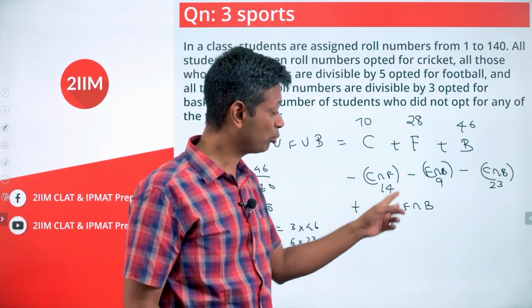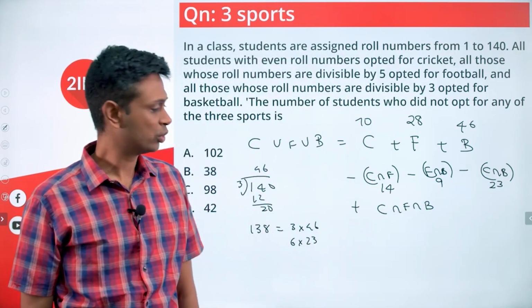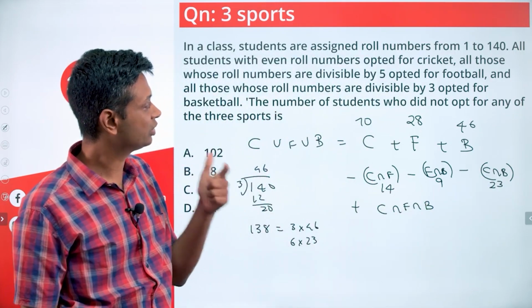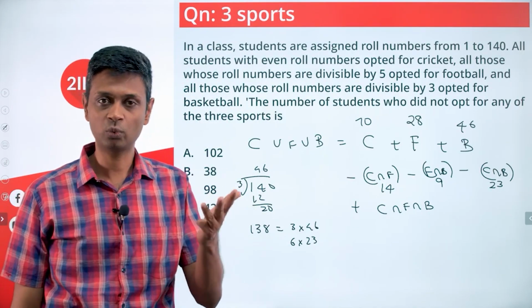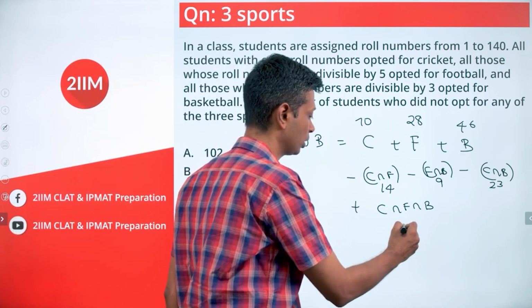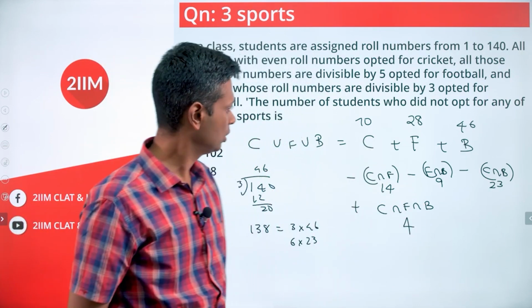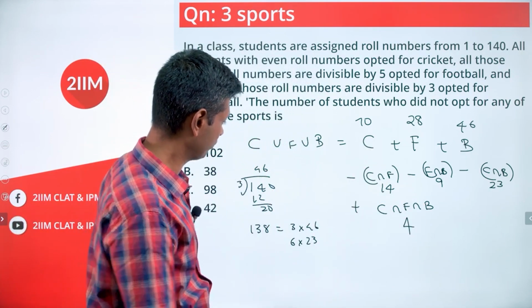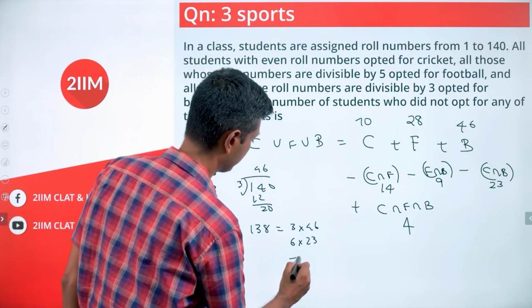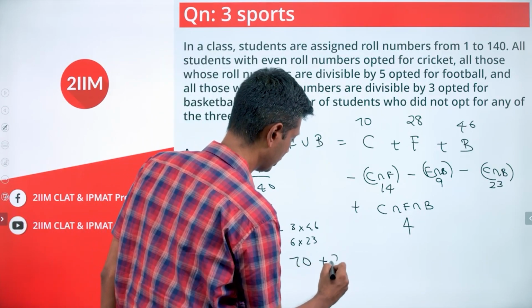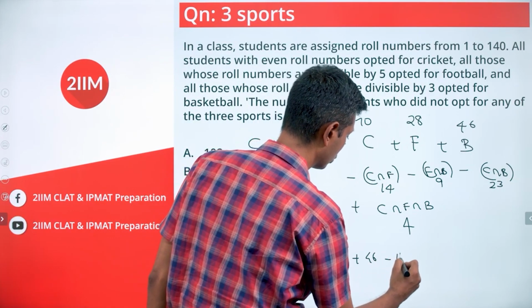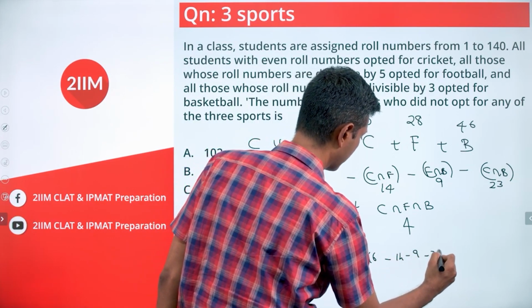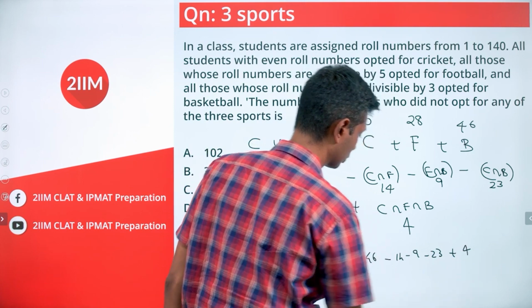Cricket intersection football intersection basketball, which basically is multiples of 2, 3 and 5, which is multiples of 30: 30, 60, 90, 120, so 4. So we're effectively doing 70 plus 28 plus 46 minus 14 minus 9 minus 23 plus 4.